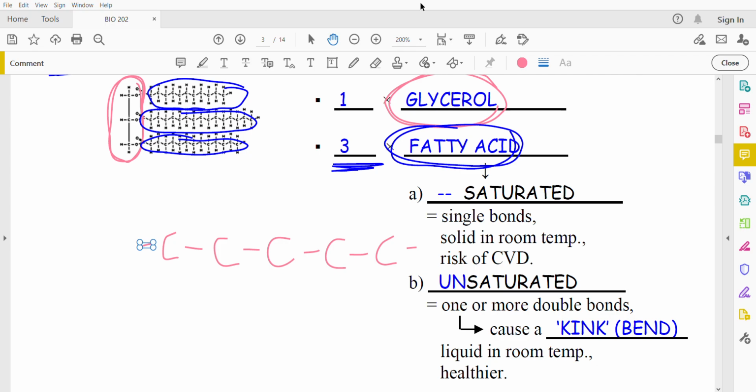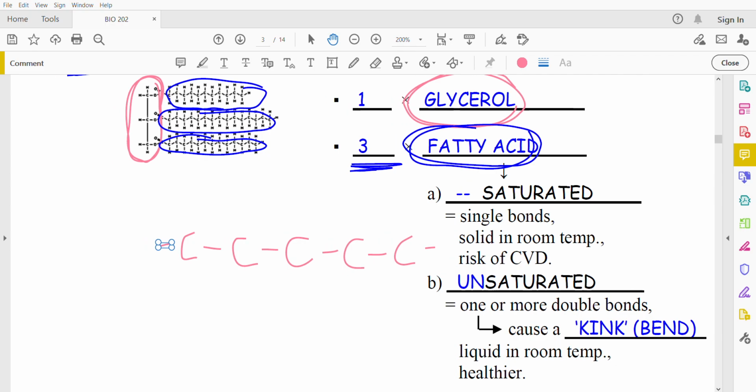But then we had unsaturated fatty acids, where we again had these carbons connected to each other, but there were one or more double bonds between the carbon atoms. Every time we had a double bond, it caused a kink, a bend in the structure of a fatty acid.